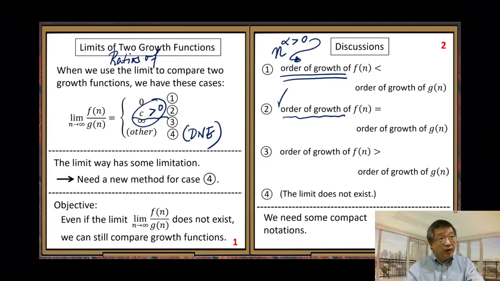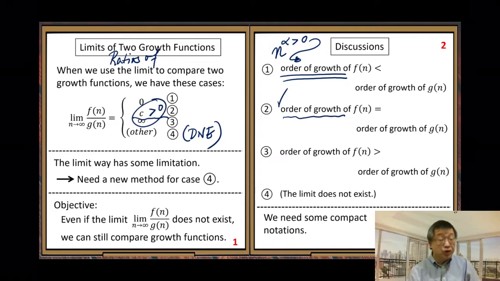Before we go to that discussion, we need some compact notation for the first 3 cases. Case 4 we still need to find a new way to study. For the first 3 cases, we want to use compact notations to describe them.